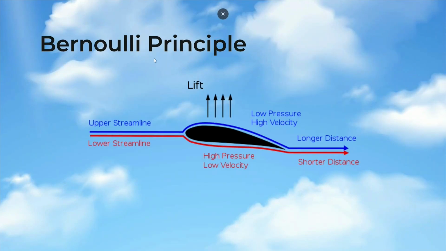Okay. And then finally, one more quick review of Bernoulli's principle. Bernoulli's principle talks about a low airstream, low velocity, high pressure, a shorter distance to pass the wing, in contrast to the air that has to break at the front of the wing and take the longer distance, which creates a low pressure, high velocity, creating an upward lift of the wing.